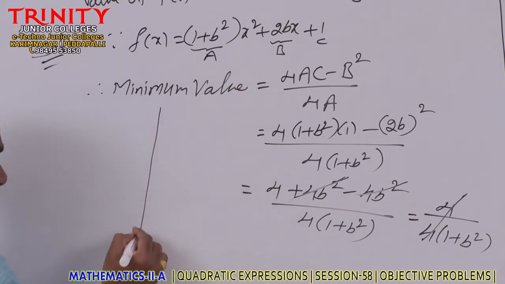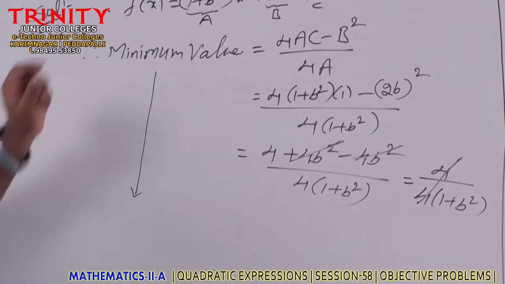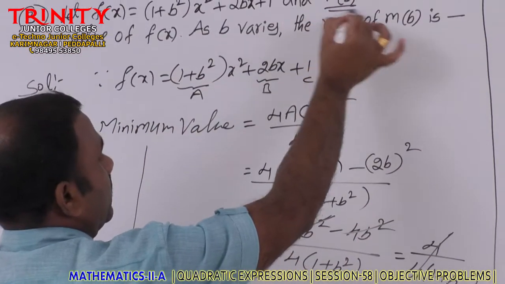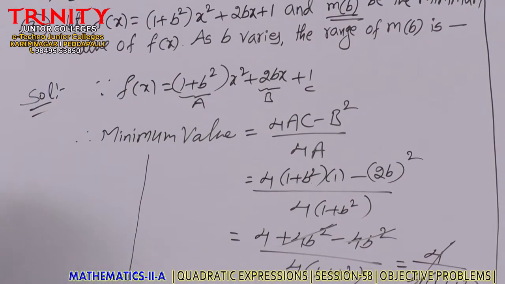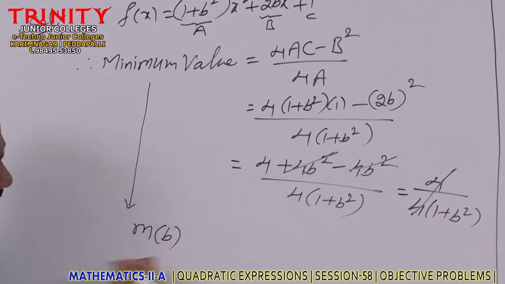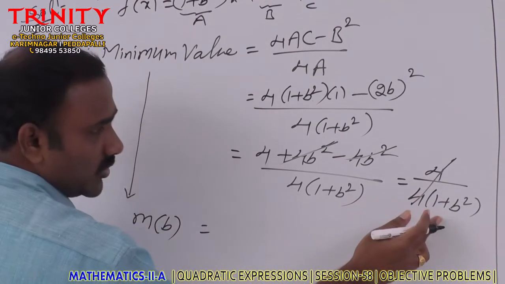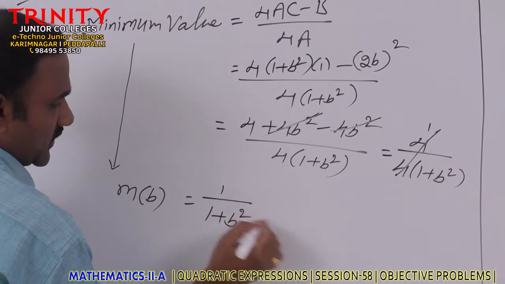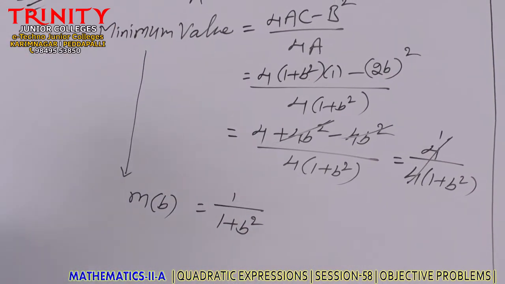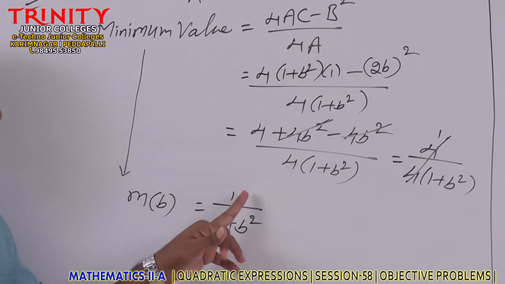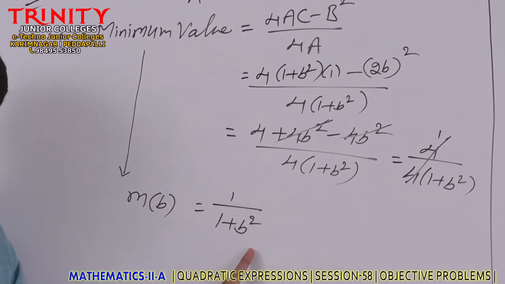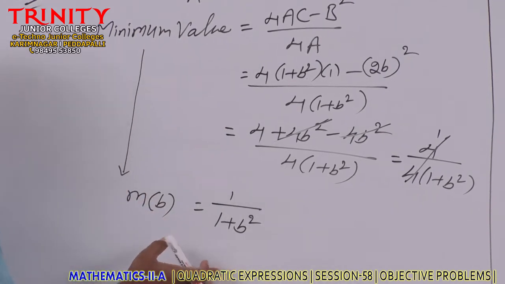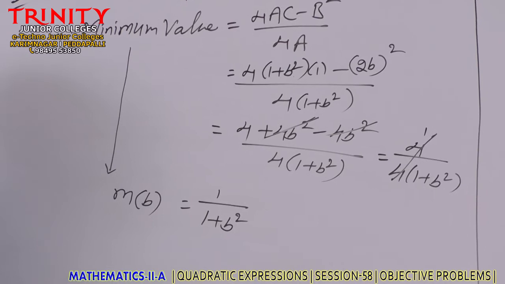Therefore the minimum value of f of x, which he was calling m of b, is equal to 1 by 1 plus b square. If suppose it is m of x, then it can be taken as 1 by 1 plus x square. Therefore for this function he was asking the range.